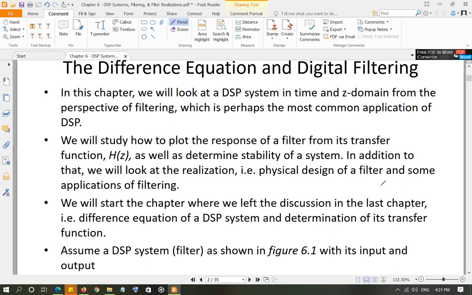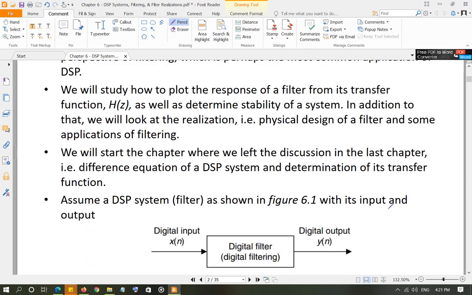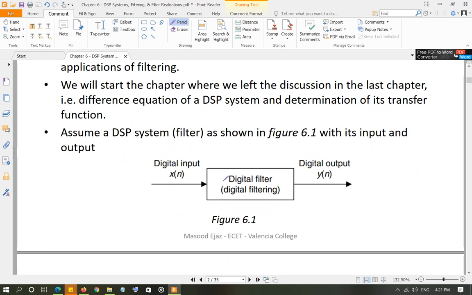The basic idea is that you have an unfiltered input coming in, then you have the digital filter through which the input is passed, and based on what type of filter you are using, the output will be a filtered output.